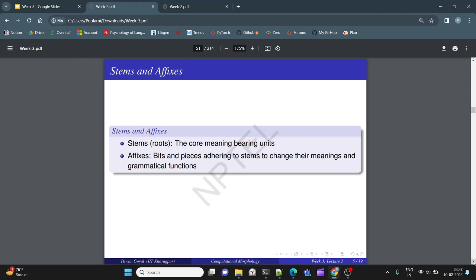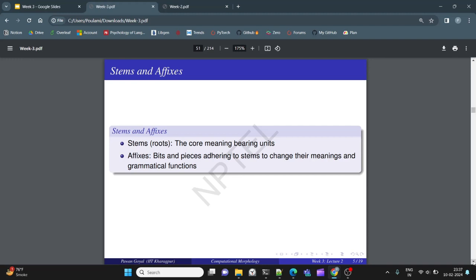Now, stems and affixes. In the practice problems we discussed stems and affixes. Let's take it up once. So what are stems and affixes? Stem is the root. For example, we were discussing regularity, which was one of the words in I think question one.